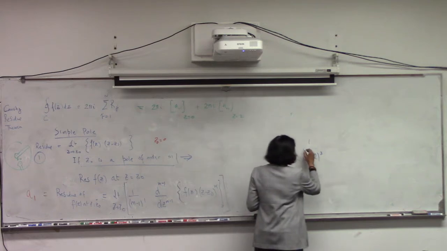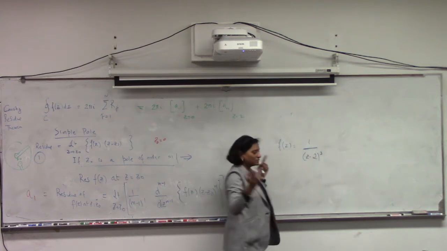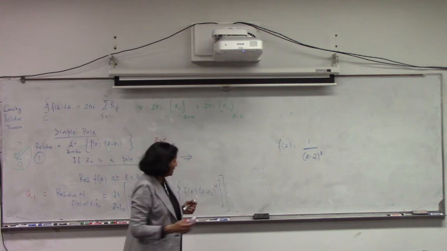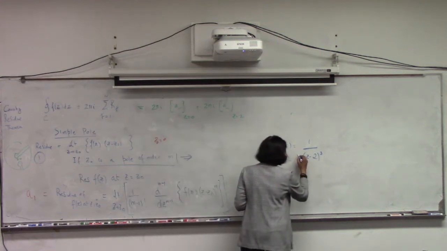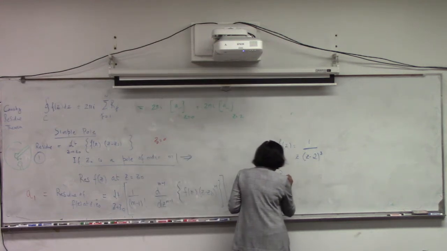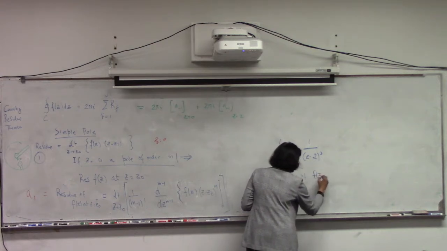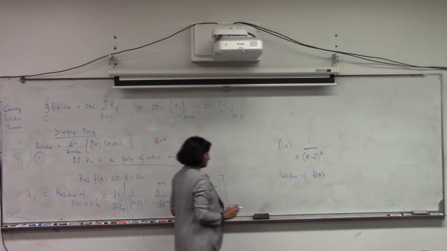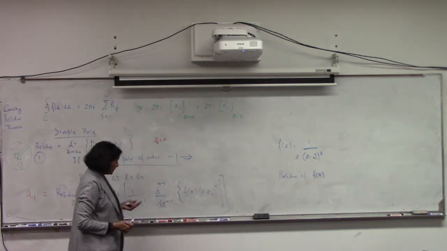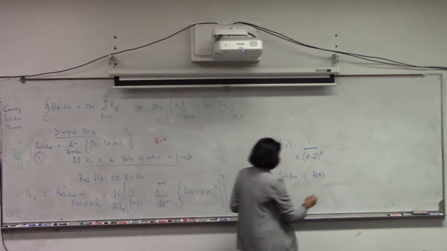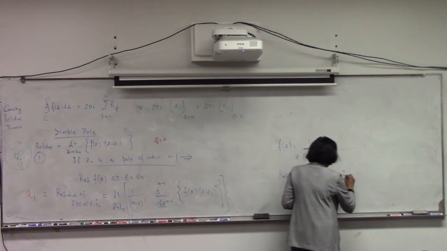Okay. For me, f of z, the numerator is 1, g of z is really 1, okay? Doesn't matter, I want to calculate the residue of f of z based on this at z equal to 2.